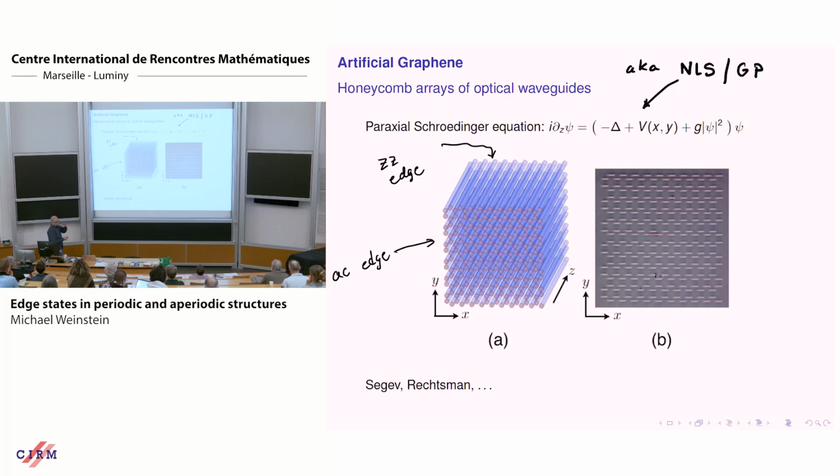So if you were near the so-called Dirac point, you would see Dirac type dynamics, or if you were near a generic point, you might see something more dispersive.